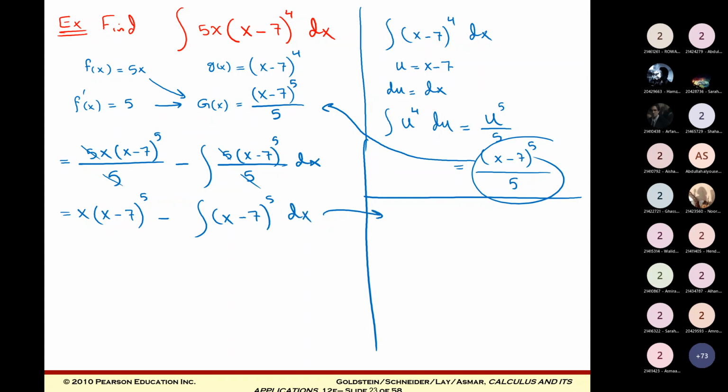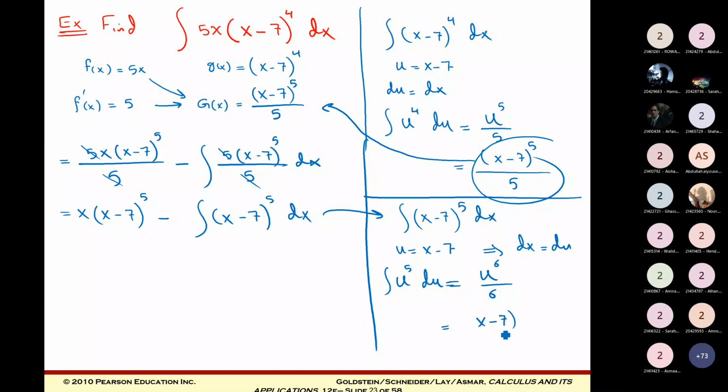This integration also has x minus 7, the same as by substitution. u equals x minus 7, so dx equals du. Now the integral of u to the power 5 du equals u to the power 6 over 6, that equals x minus 7 to the power 6 over 6. This is the value of the integration.